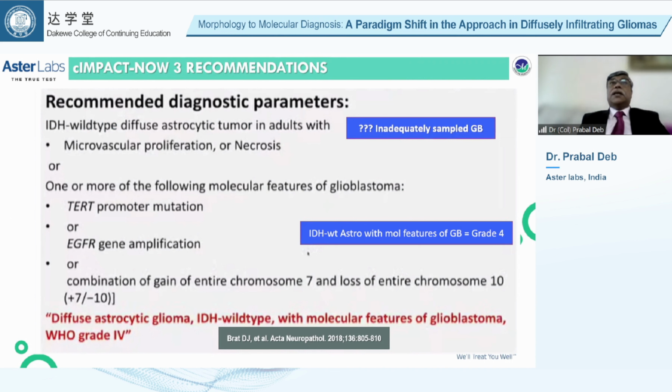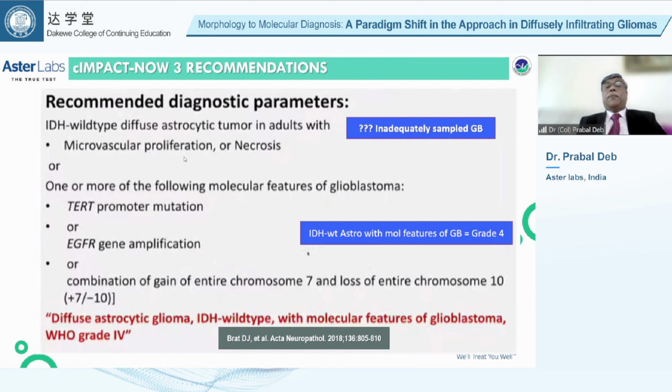However, there were certain of these IDH wild type gliomas which had TERT promoter mutation, EGFR gene amplification, or chromosome 7 gain and 10 loss. So the question was, are we looking at a molecular type of glioblastoma? These are diffuse astrocytic gliomas of IDH wild type with molecular features of glioblastoma.